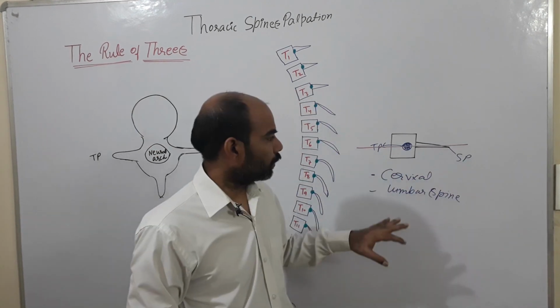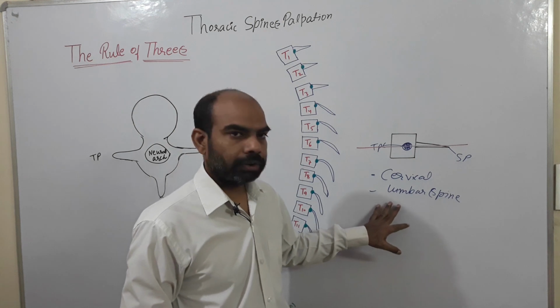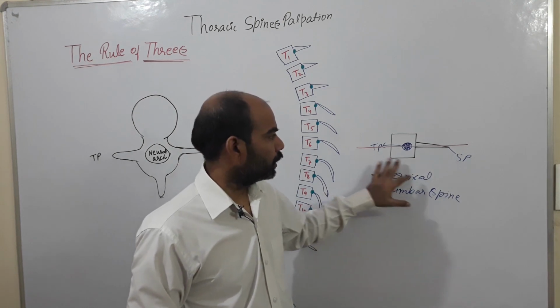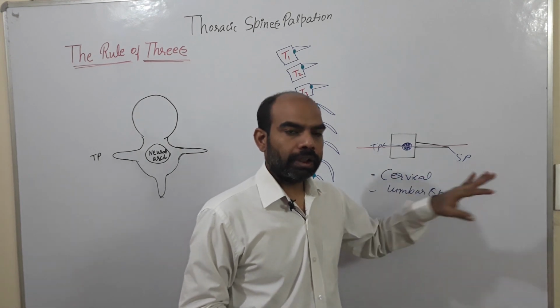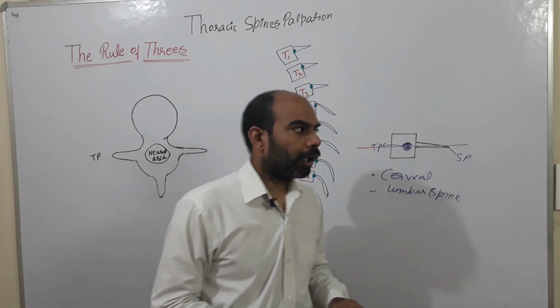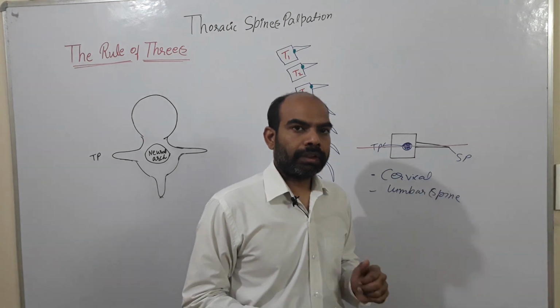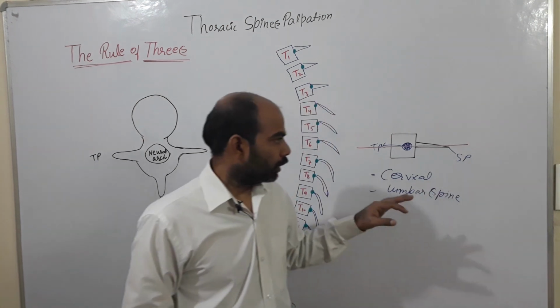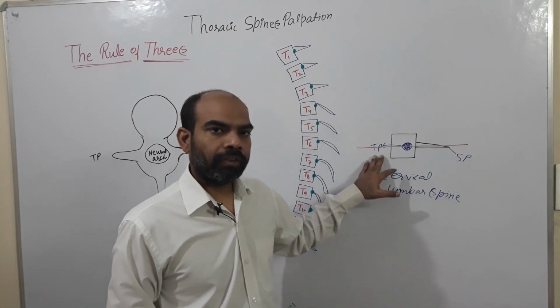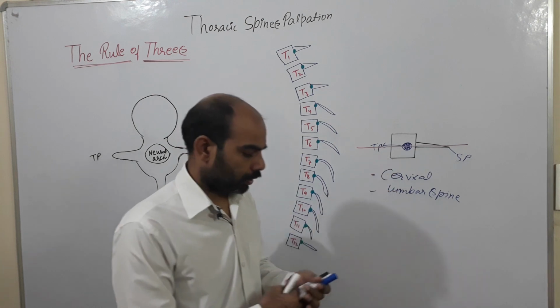But in cervical and thoracic spine, transverse process and spinous process are in the same level. And during palpation, we palpate on the spinous process and assume that we are on the same vertebra or the transverse process.